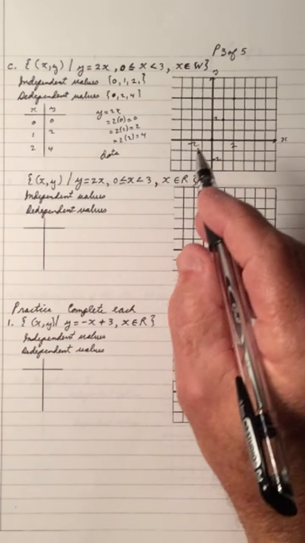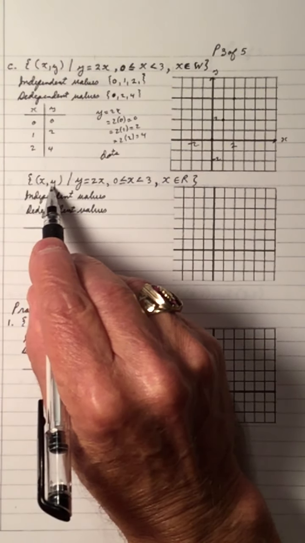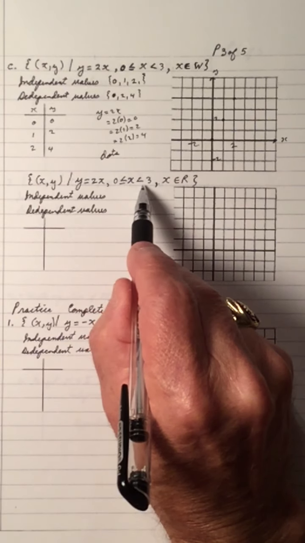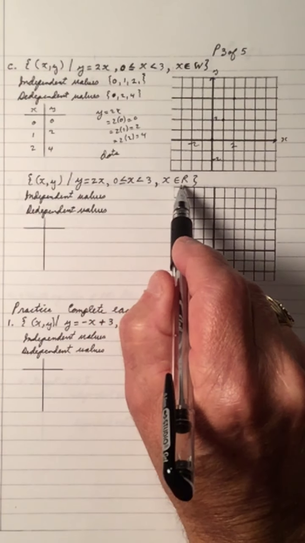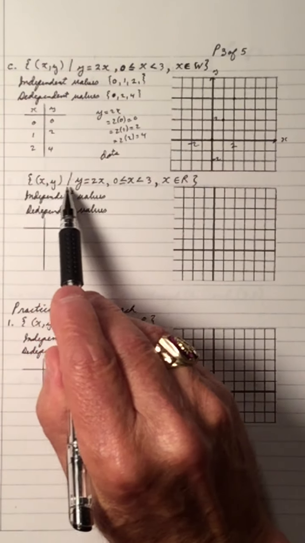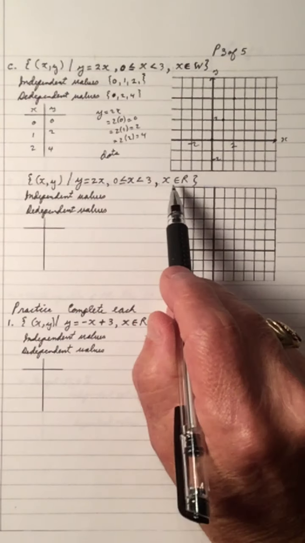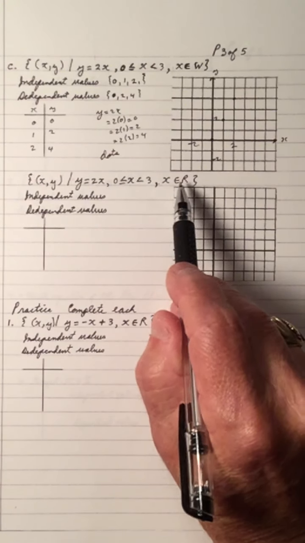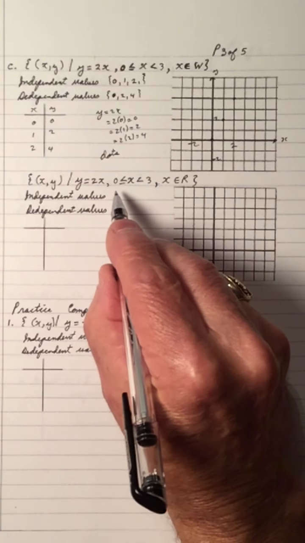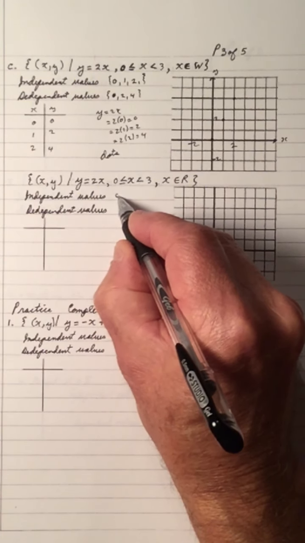And we notice now I have the same: y equals 2x, 0 less than or equal to x less than 3. But notice, exactly the same, except belonging to the whole numbers. This is belonging to the real numbers. So I still have to use some numbers, so I will start at 0.